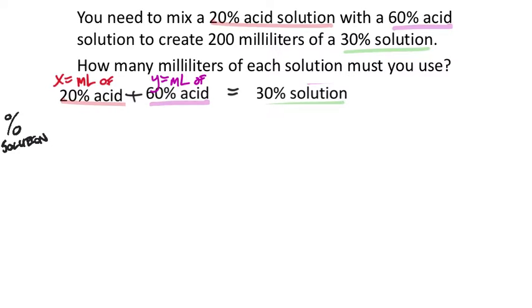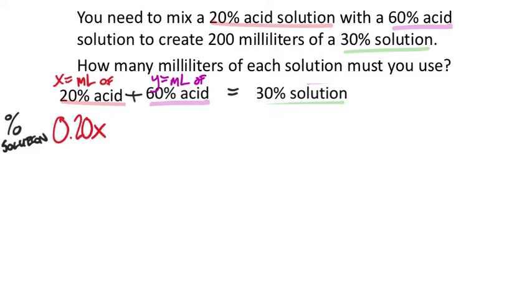So how do you find the percent of the solution? If we take the amount of the 20% acid and multiply it by 20%, that tells us the final solution, just based off how much we have.